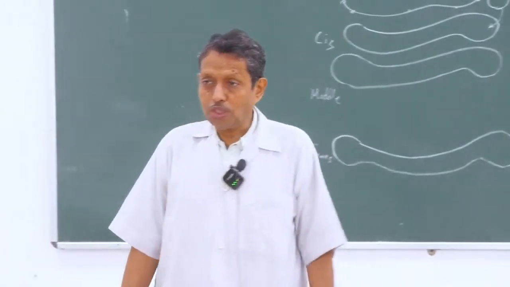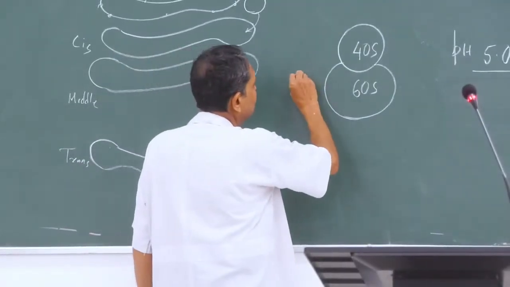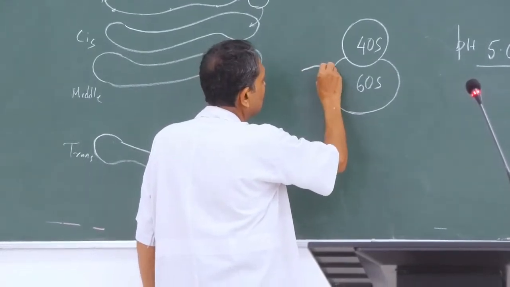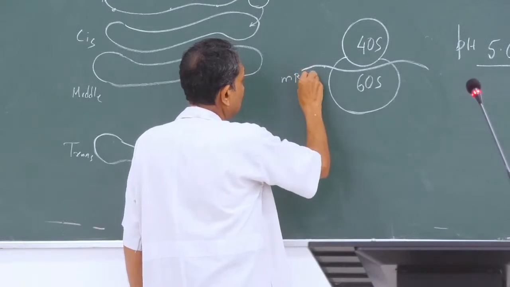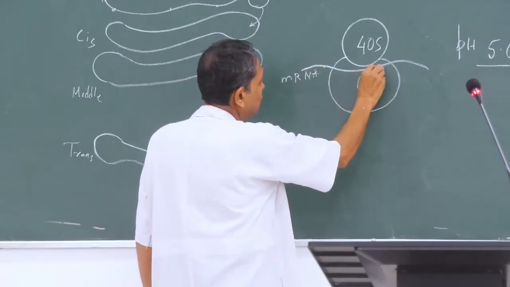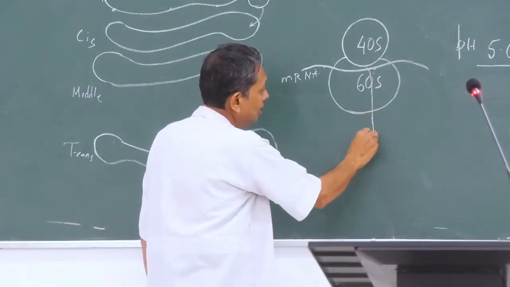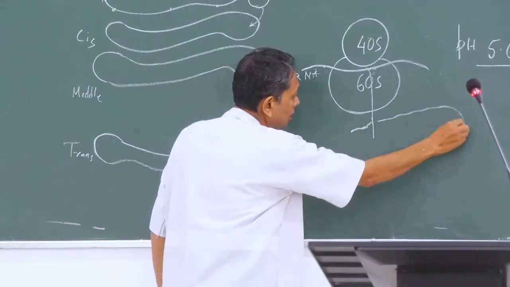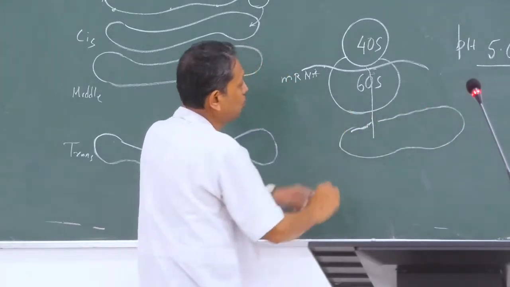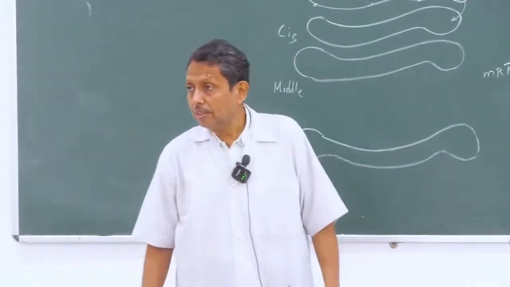Whenever there is protein synthesis, the mRNA is there, and the protein that is produced comes through this and is connected to the endoplasmic reticulum, into the endoplasmic reticulum, and that is responsible for the rough surface.